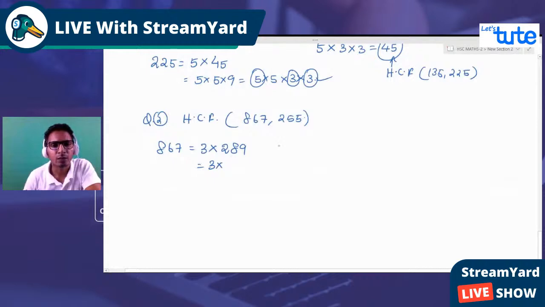Let's try to find the factors for 255 as well, then we get the proper idea. For 255, we are going to use 5. 5 5s are 25. So 5 multiplied by 3 multiplied by 17.